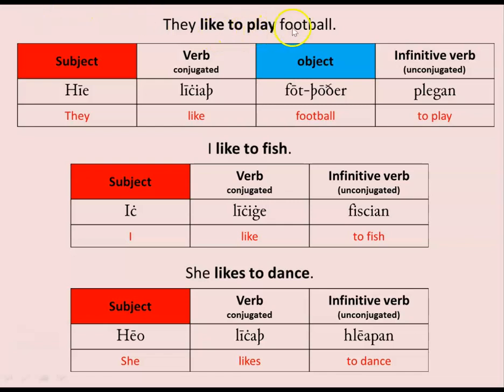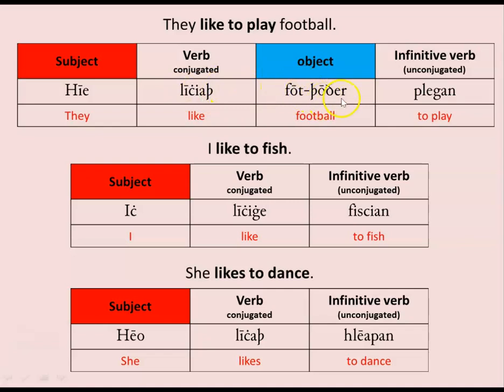They like to play football. Like is the first verb, to play is the second verb, football is the object. So: they lichieth thother plechan. Now, they is plural, present tense. For the word like, we need third person present tense plural, lichieth.